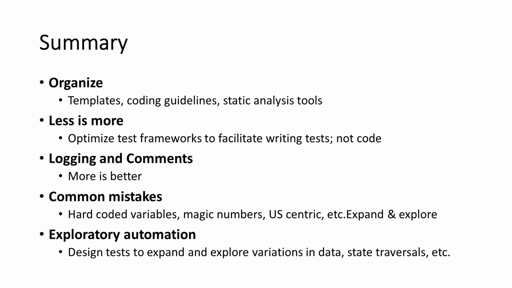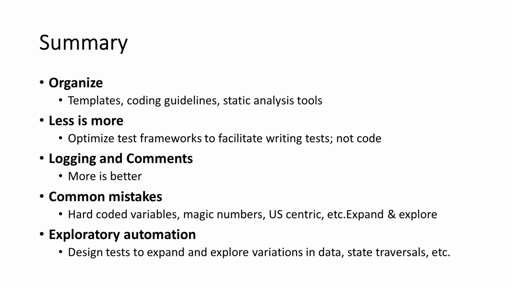And then finally, exploratory automation, using some variability. There are some tests like regression tests or unit tests. Those are perfectly fine to be static. But then there's other tests where I want to include a bit of variability.